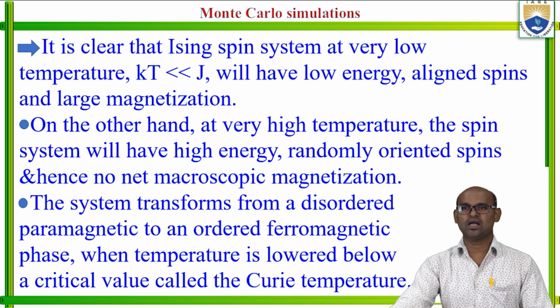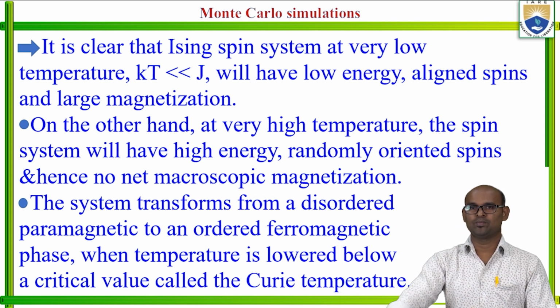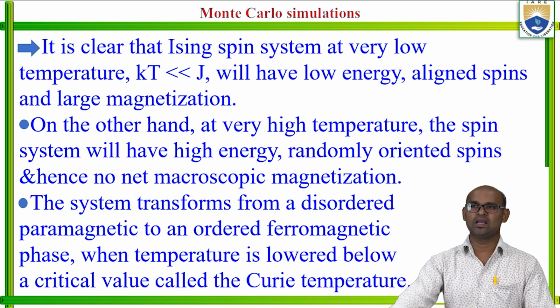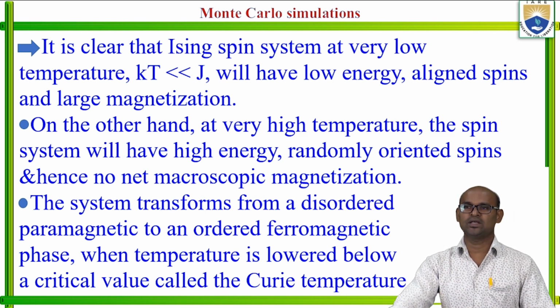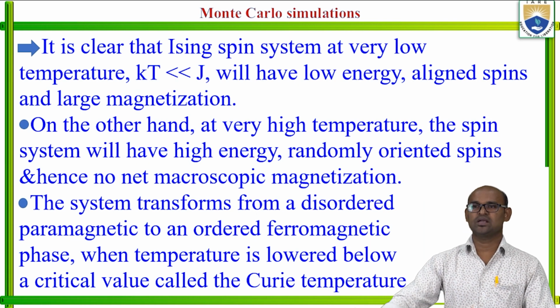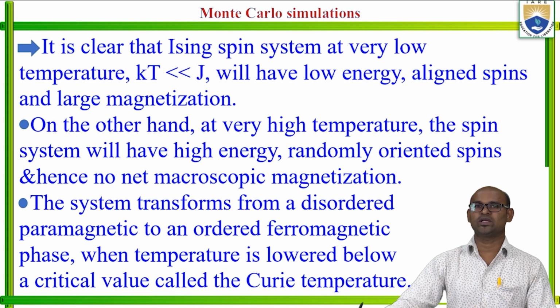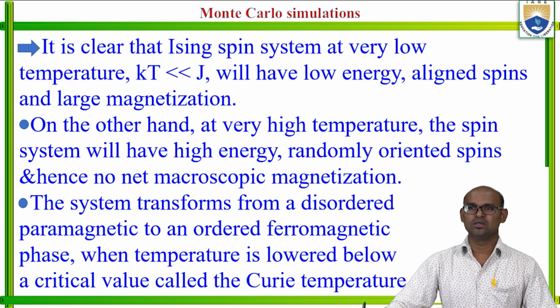So it is clear that Ising spin system at very low temperatures will have low energy because of aligned spins and large magnetization. So at very low temperatures, all the spins will be aligned into a particular direction, and that is the reason why when we sum up all the spins or tiny magnetic moments, we will get large magnetization without applying any external field.